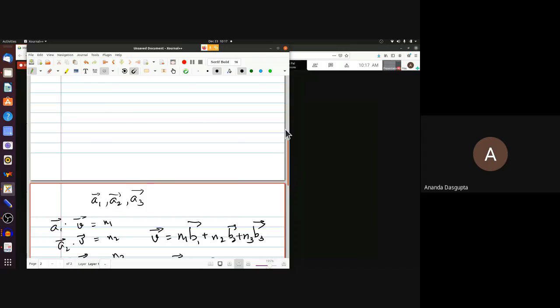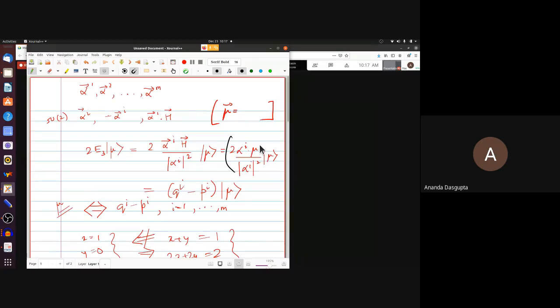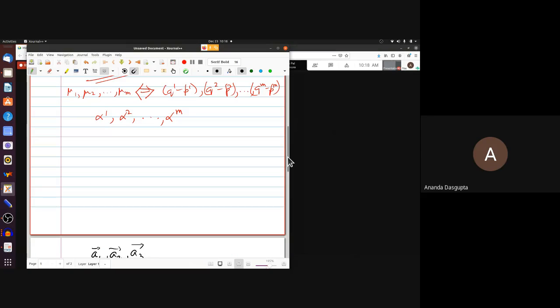So all I'm saying is these coefficients, which are the qi minus pi values, are enough to tell you what mu is. But mu will be essentially these coefficients times some vectors which are actually reciprocals to the alpha i's. Is that okay? But for us, what is important is not even the procedure to reconstruct the mu.